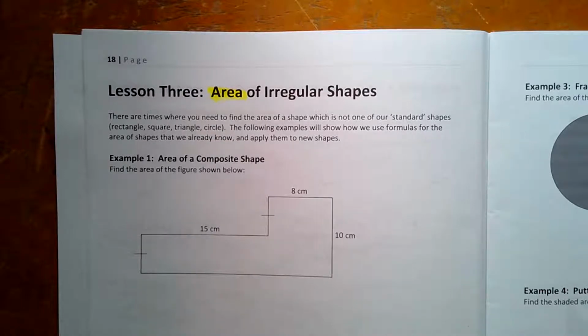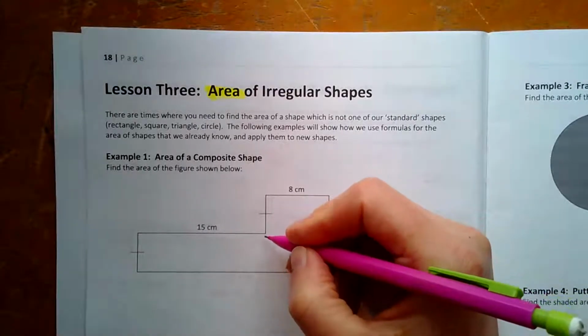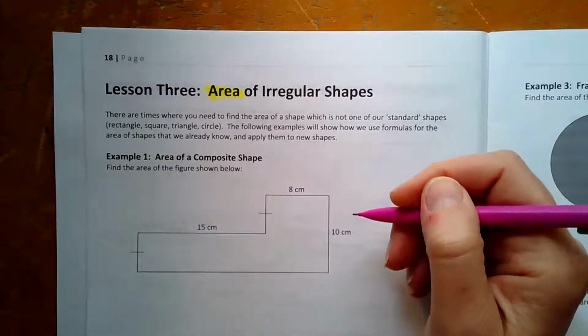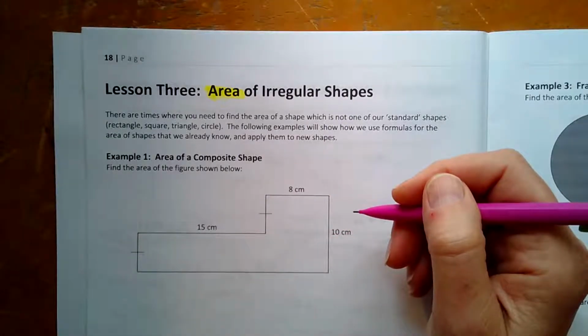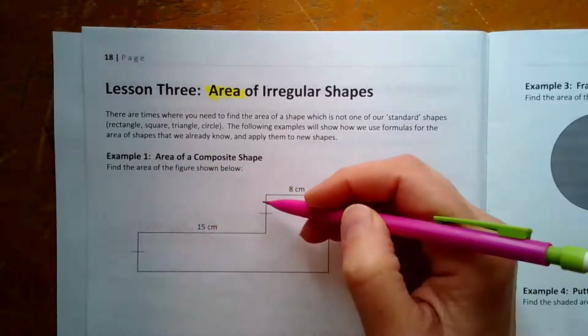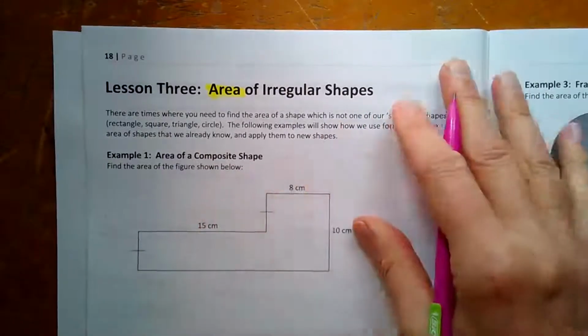So in that case there's a couple of ways we can do this. We can divide the shape up into two separate shapes, right? The other way I could do it is find the area of a whole rectangle, pretend a whole rectangle was there, and subtract out the missing part.